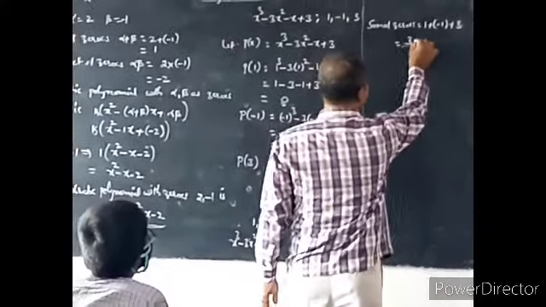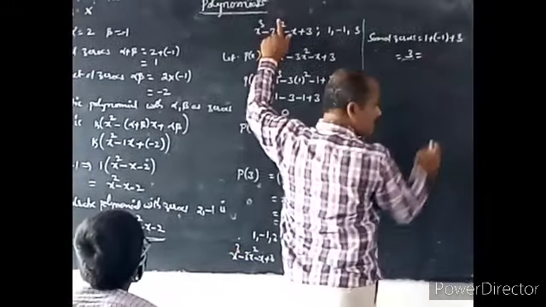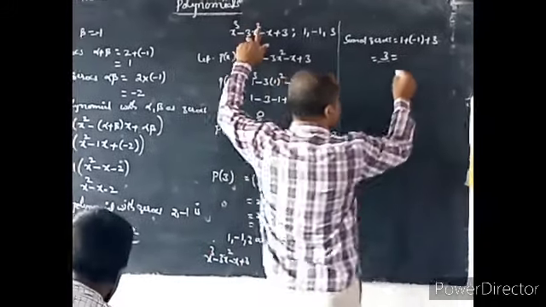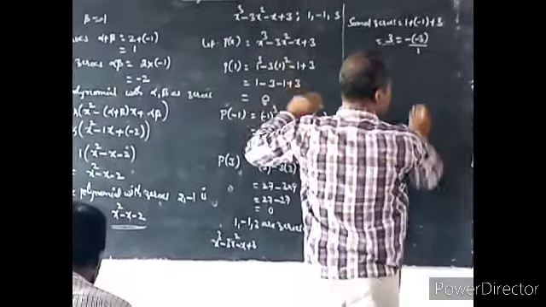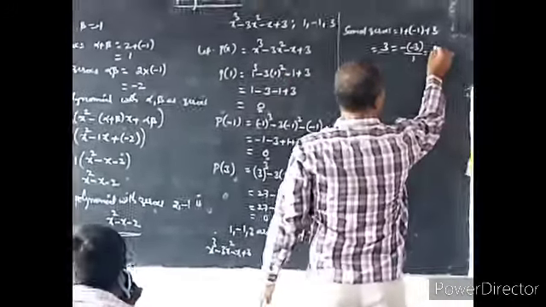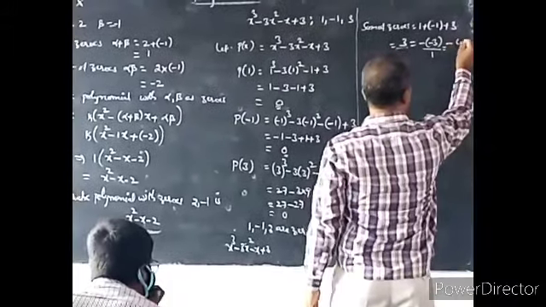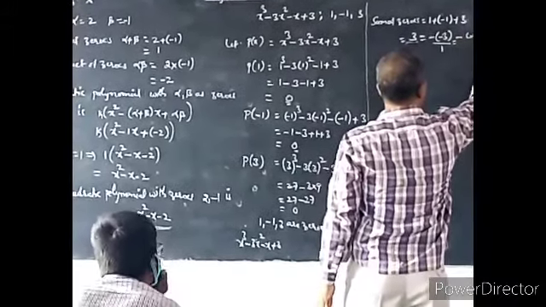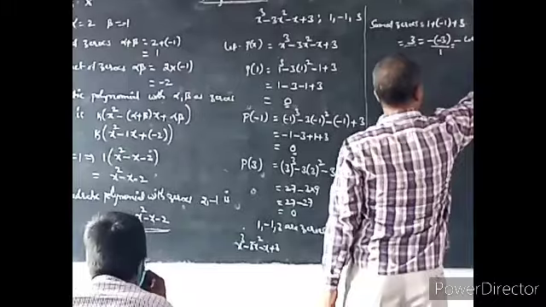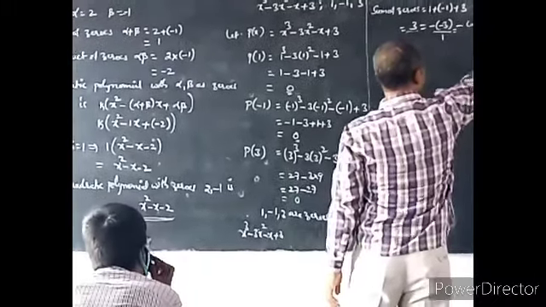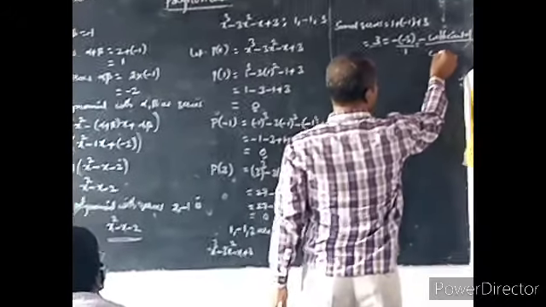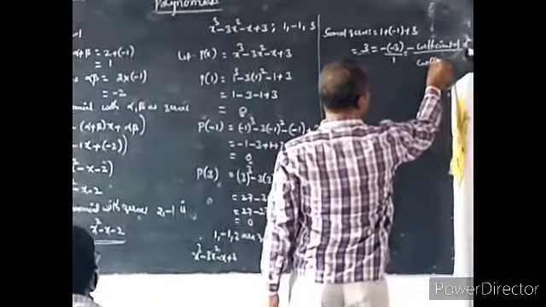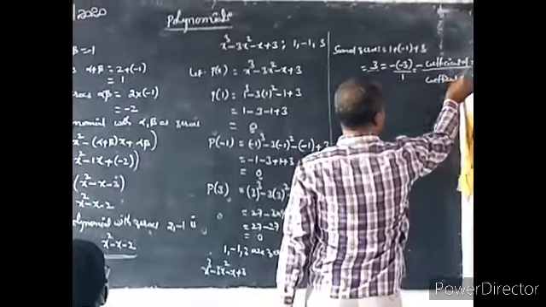Or it may be written as minus of minus 3, because x square coefficient is minus 3. So minus of minus 3 by 1. Now it is minus of coefficient of x square by coefficient of x cube.